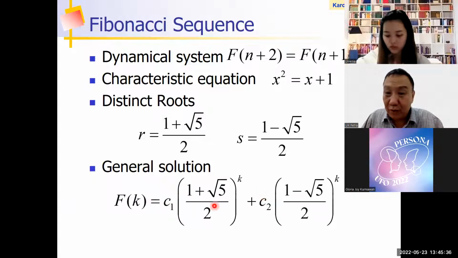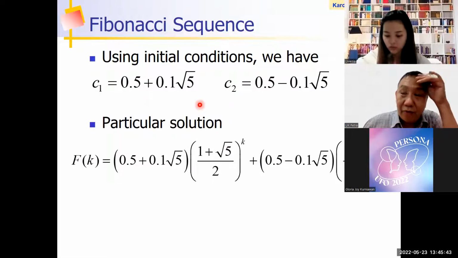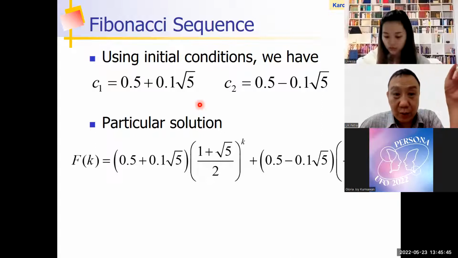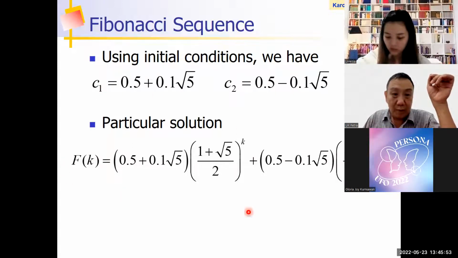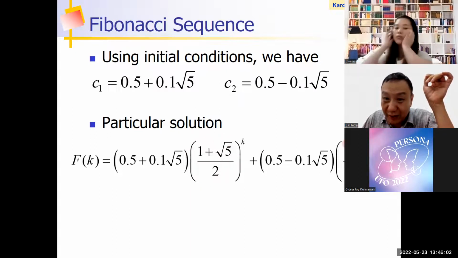Then you calculate C1 and C2 because you know F1 and F0. So if you input the initial condition, you get C1 and C2, and then you get the particular solution of the Fibonacci, which of course contains the golden ratio.